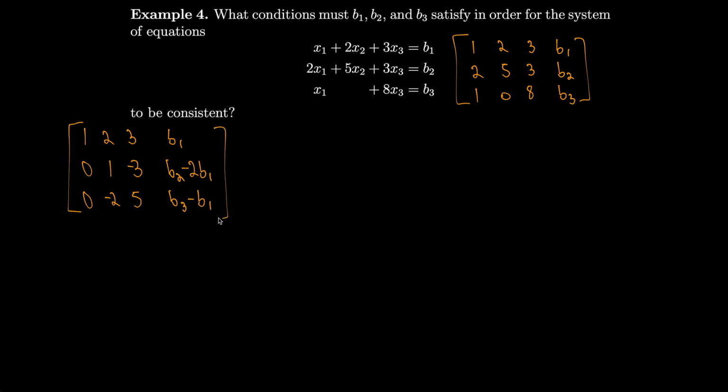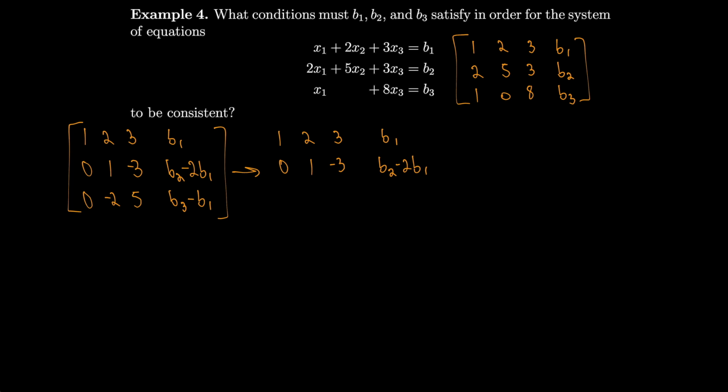Okay, I already have my leading one over there. Let's just get a 0 underneath. So I'll keep going, and I'll get 1, 2, 3, B1, 0, 1, minus 3, B2 minus 2B1.